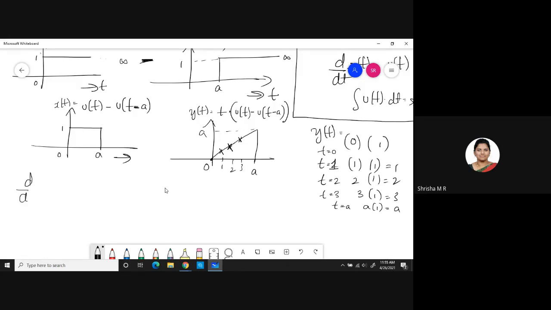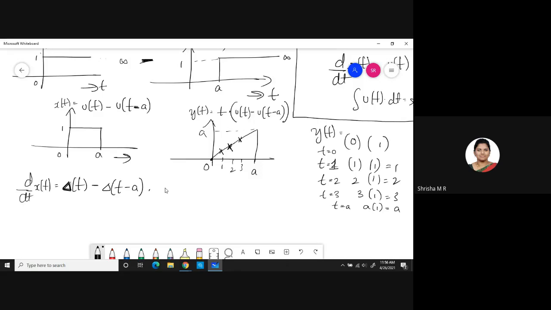So d by dt of x of t would be what? What is the differentiation of u of t? Delta t. What is the differentiation of u of t minus a? Shifting property. It will be delta of t minus a.